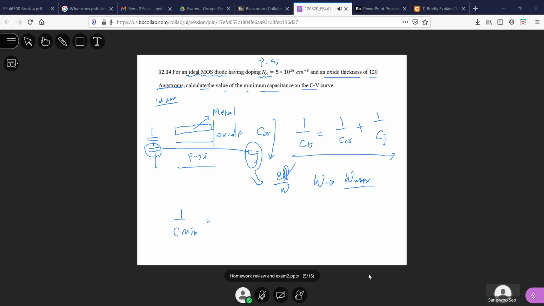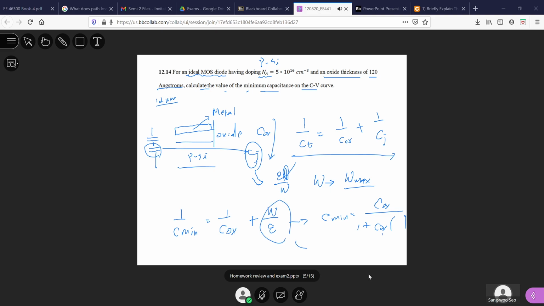C minimum is COX plus this term, and if we replace this one, then in this case C minimum, plus COX, and this term goes in here.